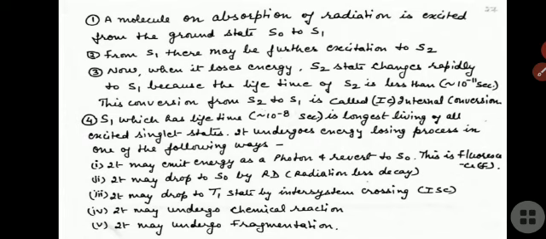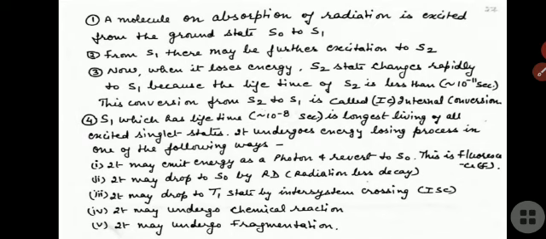So consequently, S1 has the longest life, 10 to the power minus 8 second, of all the excited singlet states, and is very important in photochemistry. S1 undergoes energy losing process in one of the following ways. It may emit energy as a photon and revert to S0.